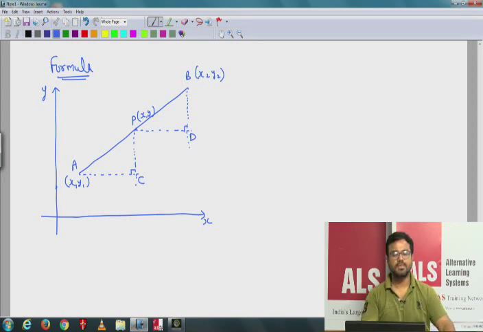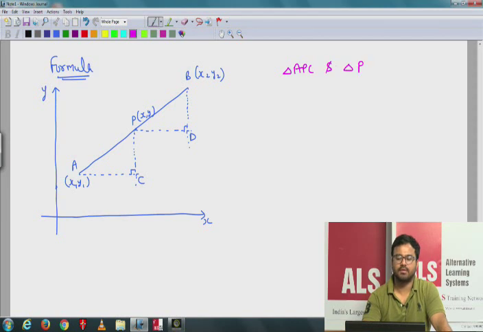Now we have two triangles over here, triangle APC and triangle PBD. These two triangles are similar. By similar, what do we mean? We mean that both the triangles have the same set of angles: angle C and angle D are 90 degrees.